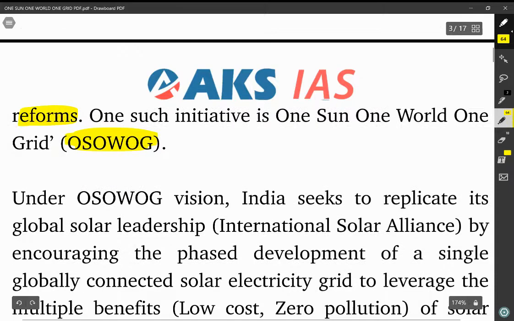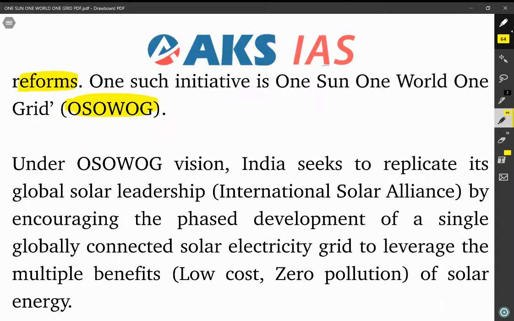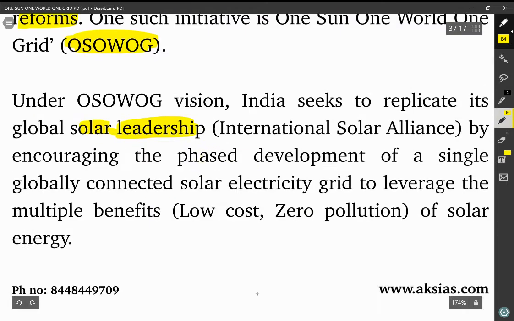Under the OSOWOG, India seeks to replicate its global solar leadership, that is the International Solar Alliance, by encouraging the phased development of a single globally connected solar electricity grid to leverage the multiple benefits of solar energy.